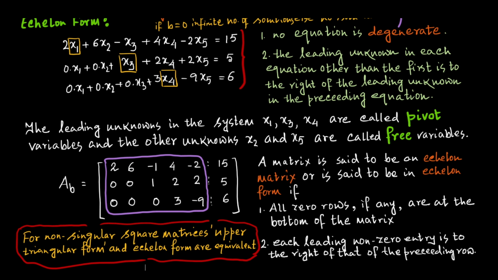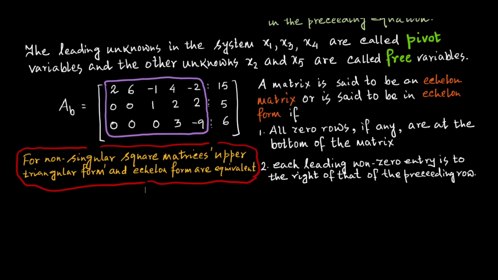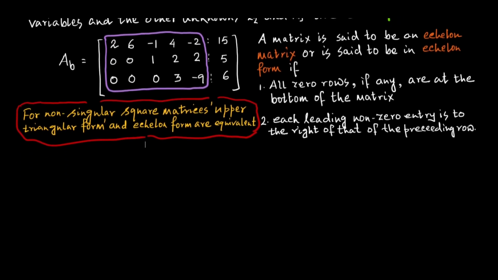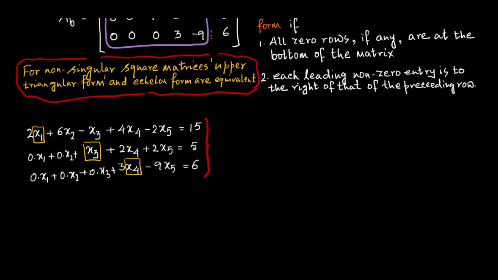Now, let us see how we can solve this system of linear simultaneous equations in echelon form. The process of solution is pretty simple. Assign arbitrary values known as parameters to the free variables. Here the free variables are x2 and x5.